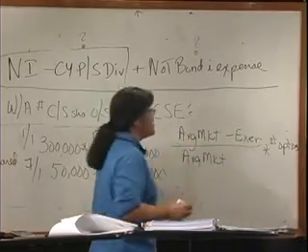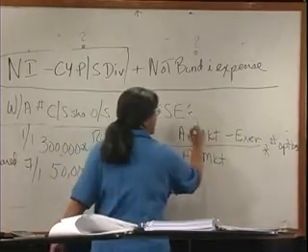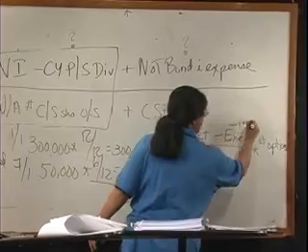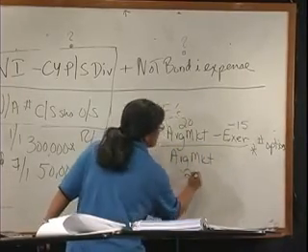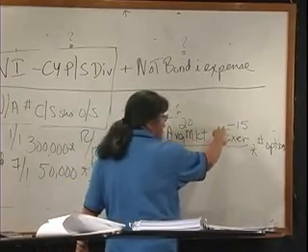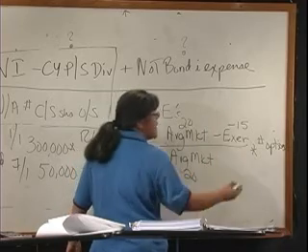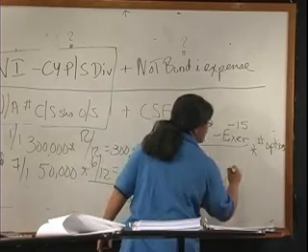So the average market price was 20, the exercise price was 15. So 20 minus 15 is 5. 5 over 20 is 1/4.